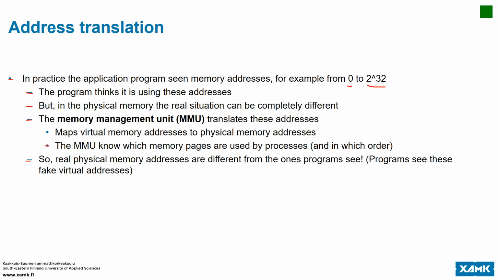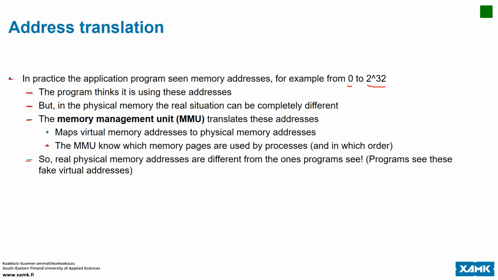So the address the program sees gets translated into a real physical memory address, and it can actually be physically located somewhere else. So the MMU knows which memory pages are used by what processes and in what order, and then it translates those memory pages into virtual memory addresses.